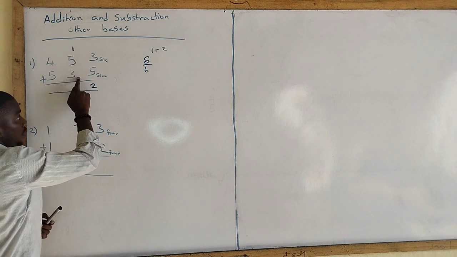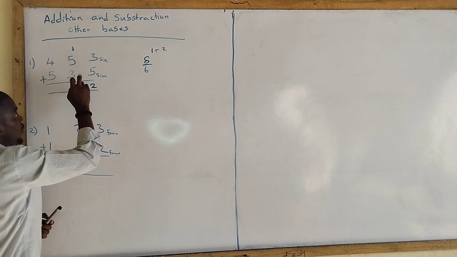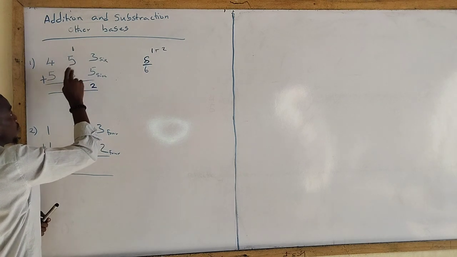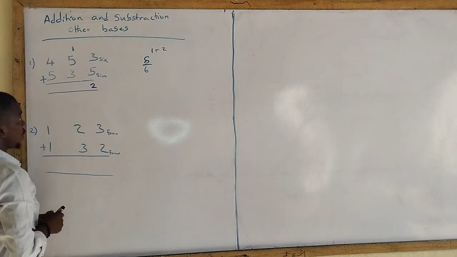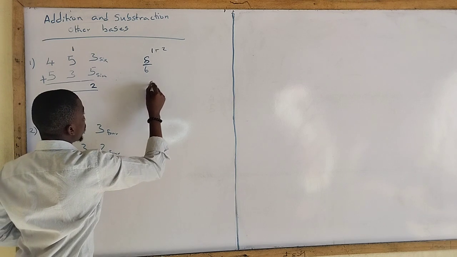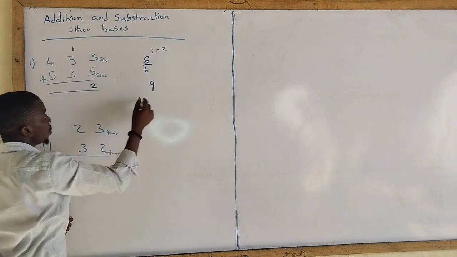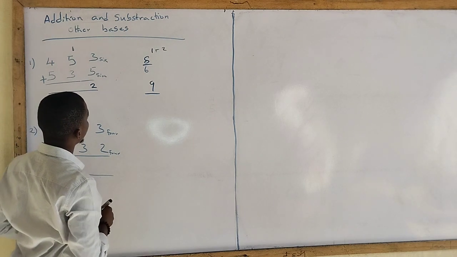5 plus 3 we know is equal to 8, but that's in base 10. 5 plus 3 is equal to 8, plus 1, it is equal to 9. That's in base 10. So we divide 9 by the base we are working with, since 9 is greater than 6.